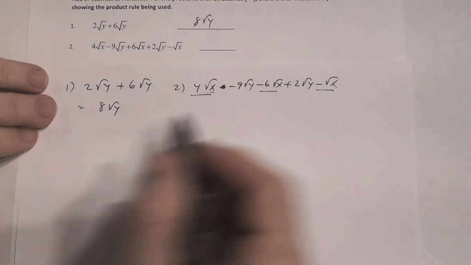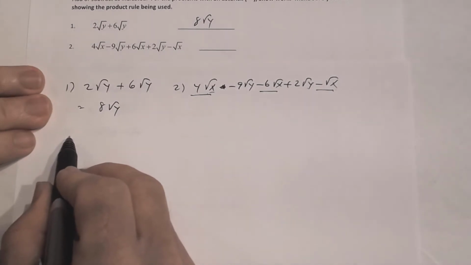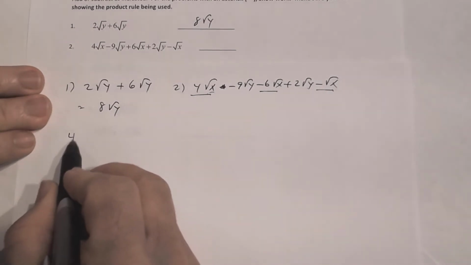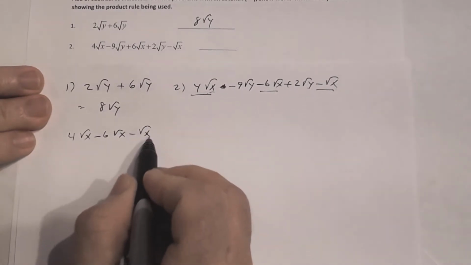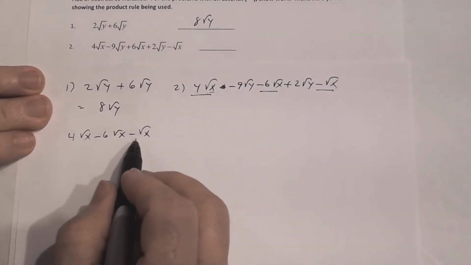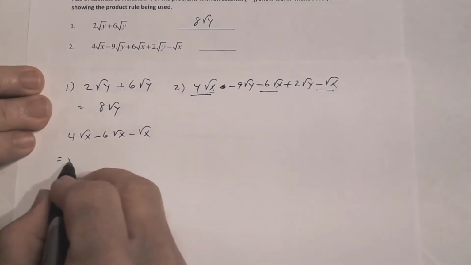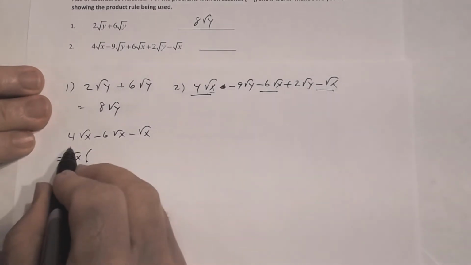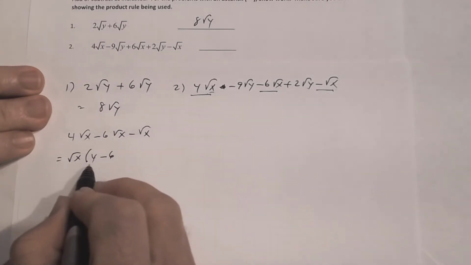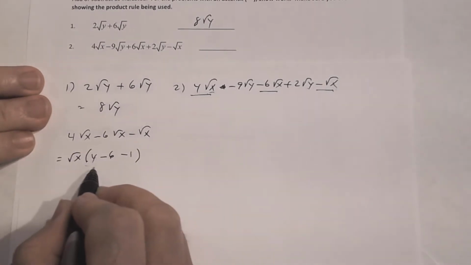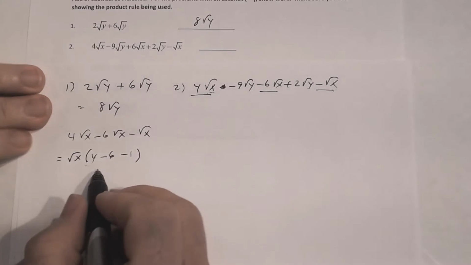I want to remind you about this. We have 4 square root of x minus 6 square root of x minus square root of x, so I have these 3 terms. The GCF is square root of x. If I factor out the square root of x, I'm left with square root of x times 4, times a negative 6, and times a negative 1. If you need to, use your calculator.